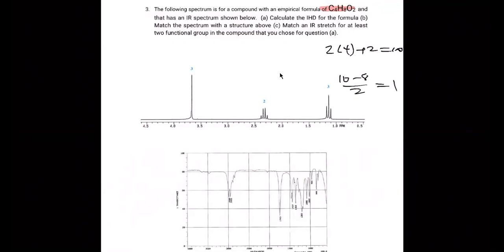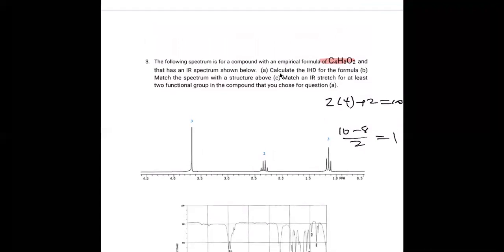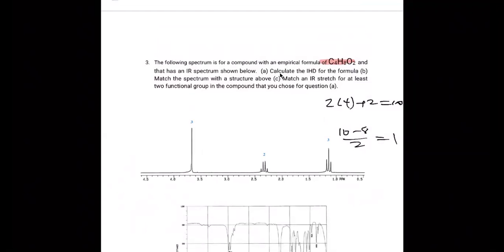So that means you've got at least one ring or one pi bond. So one ring or one pi bond.